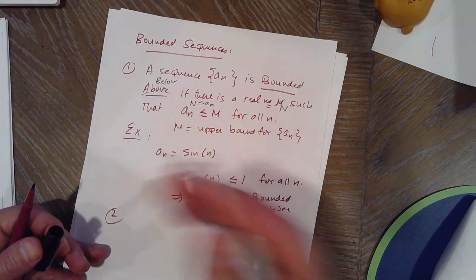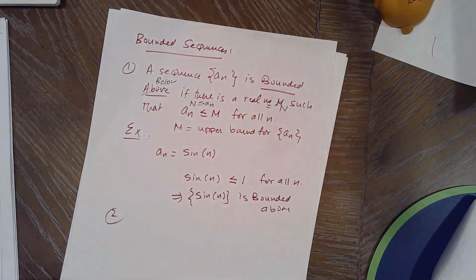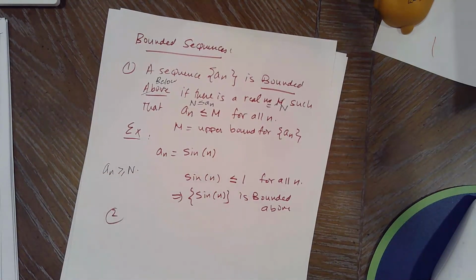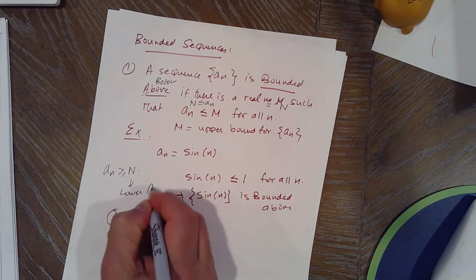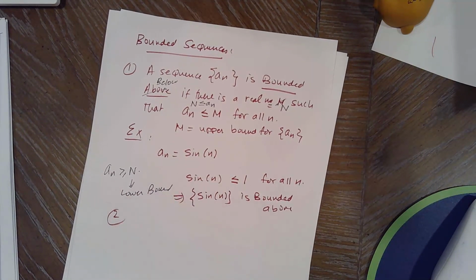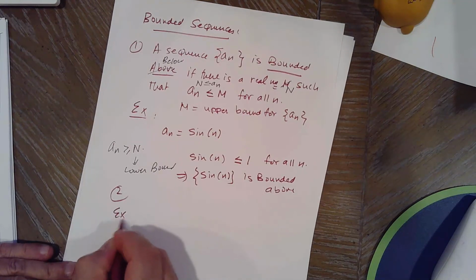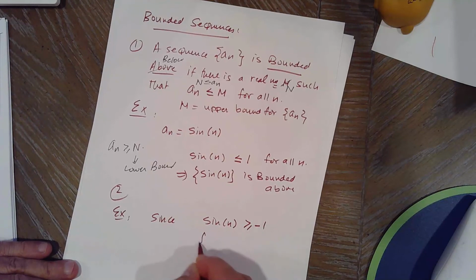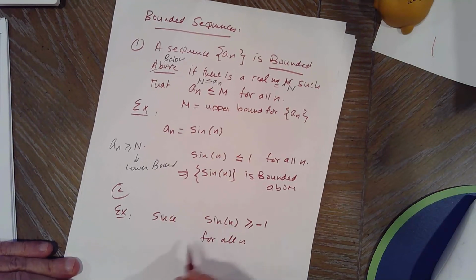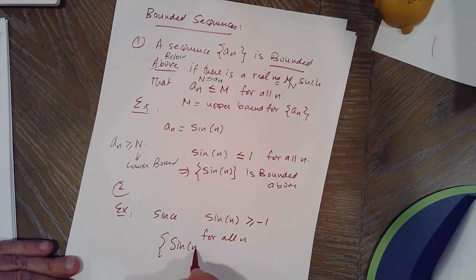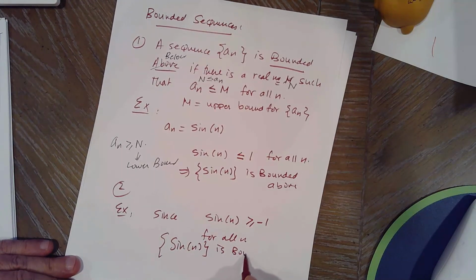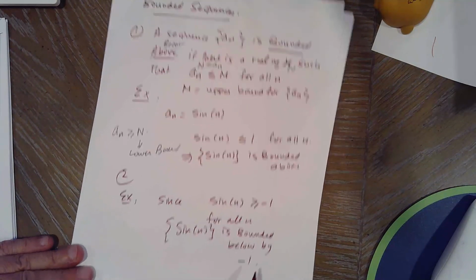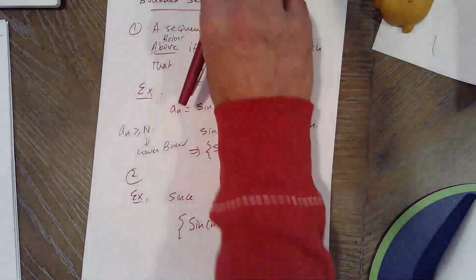Okay, so every term of the sequence has to be greater or equal to n, and n is called the lower bound of the sequence. Same for sine n, sine of n is greater or equal to -1 for all n. That means the sequence sine of n is bounded below by -1. -1 is called the lower bound for that sequence.